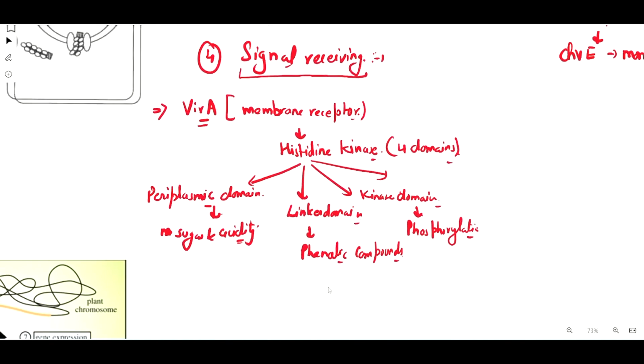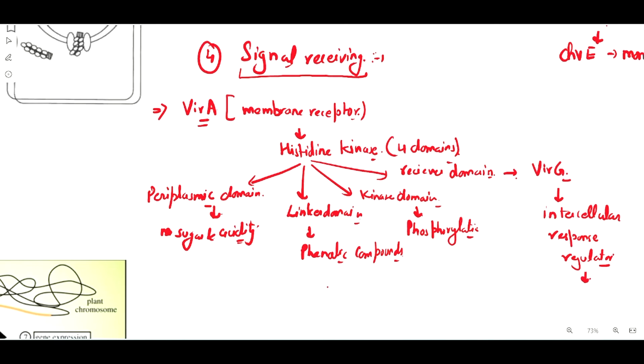Another domain is known as the receiver domain, and its function is to activate the VirG protein, which acts as an intracellular response regulator, and activates the expression of other Vir genes.